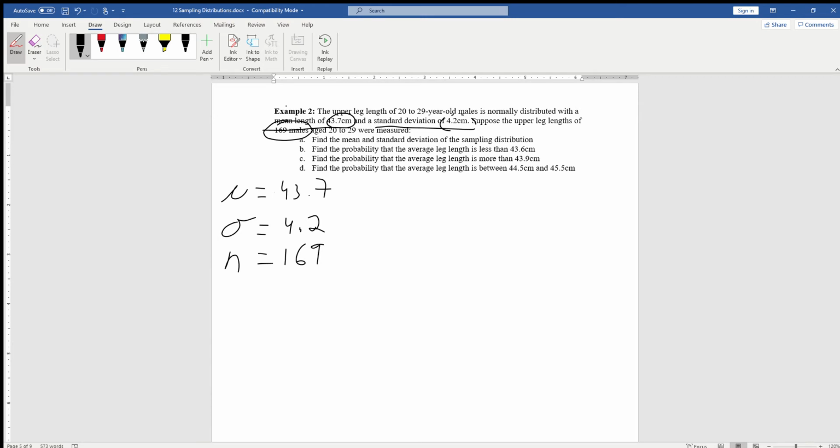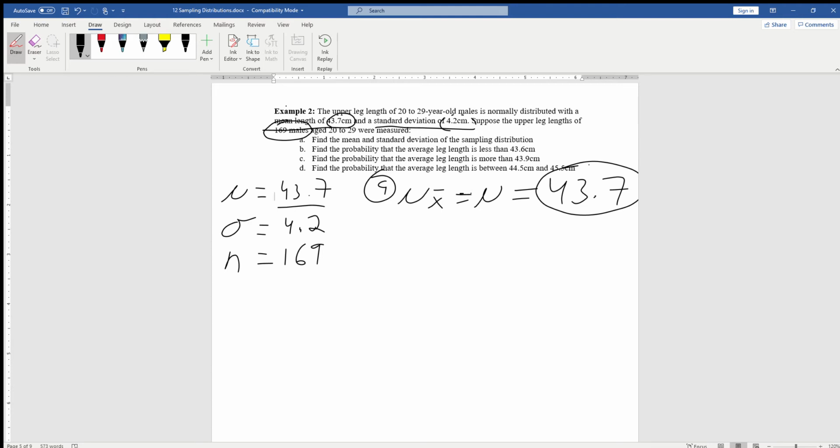So if you recall our formulas, mu sub x bar is equal to mu, which is 43.7. That one's really easy. You just look at the problem that was given, and mu sub x bar is always the same as mu for the sampling distribution.